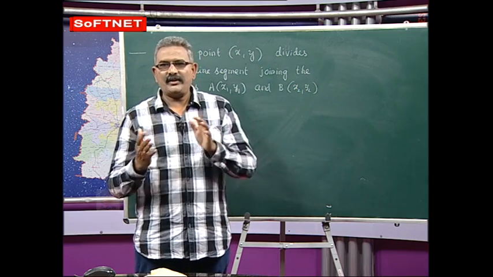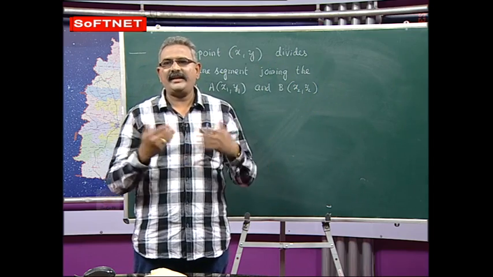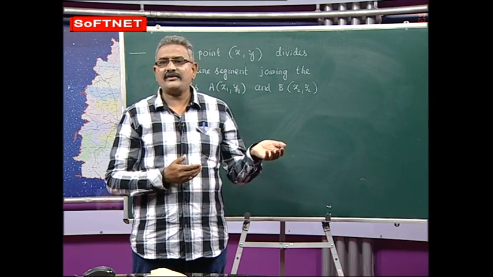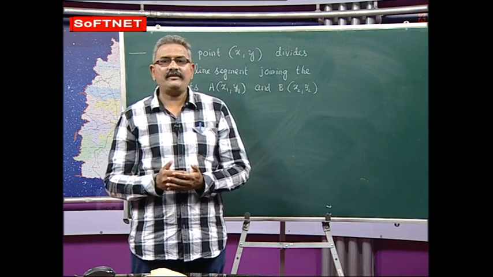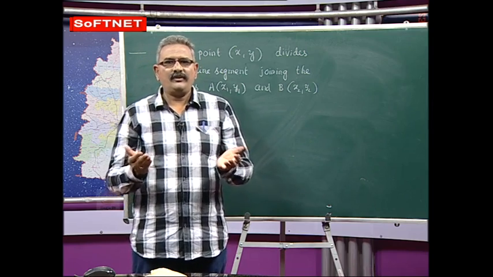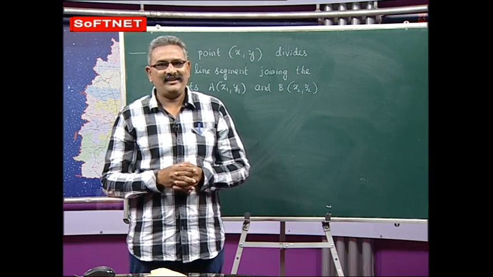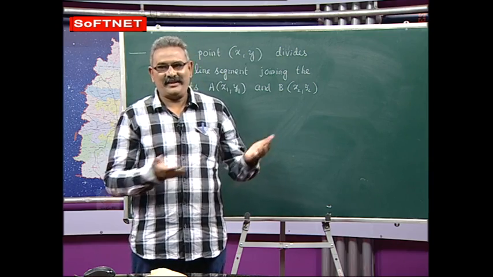So, if x coordinates are equated, we get k:1, that is the required ratio. Suppose instead of the x coordinate, you are interested to equate y coordinates, why not? We can equate y coordinates also. If you equate the y coordinates, we get k:1. So, let us do it now.